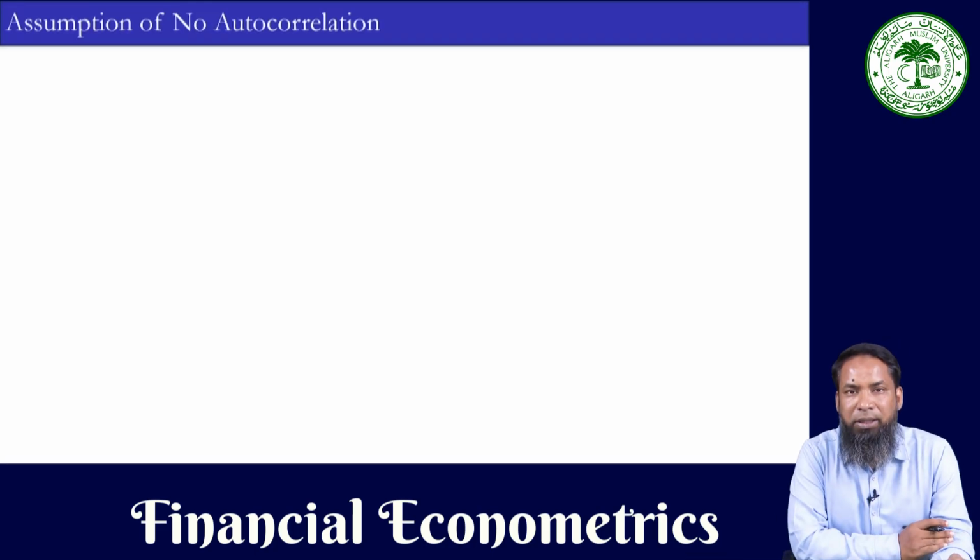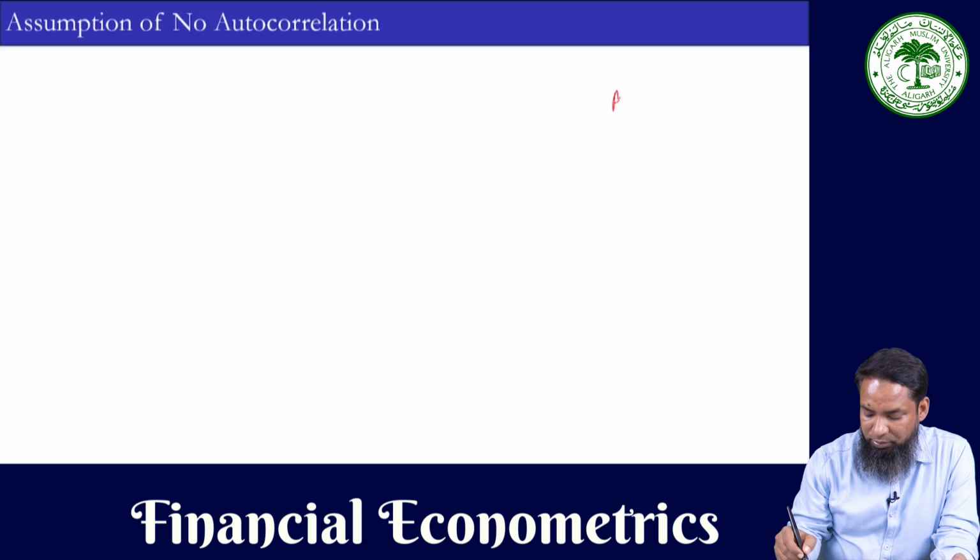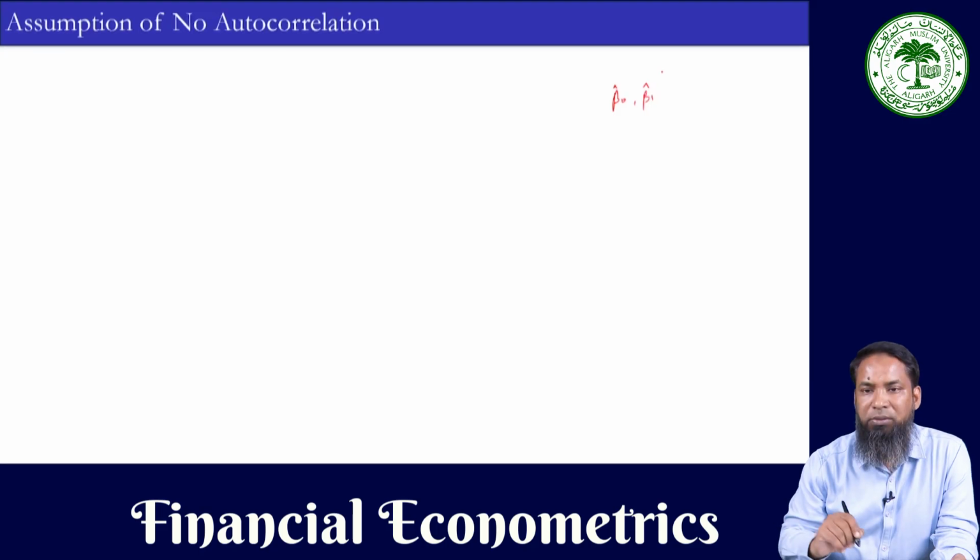So we have discussed that once we estimate a regression equation or the regression model, we will get the estimators, that is beta 0 hat and beta 1 hat if it is the two variable regression model.